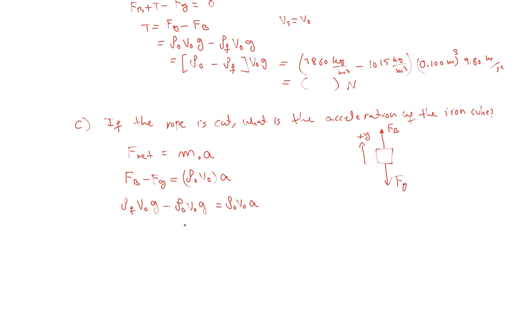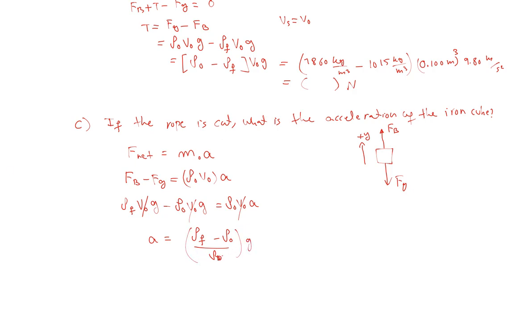Okay, and here V object cancels, and we're gonna basically get the same equation which we already had, but if you ask this question, I want you to derive this, not simply use that equation. So a equals rho fluid minus rho object over rho object, all this times g.